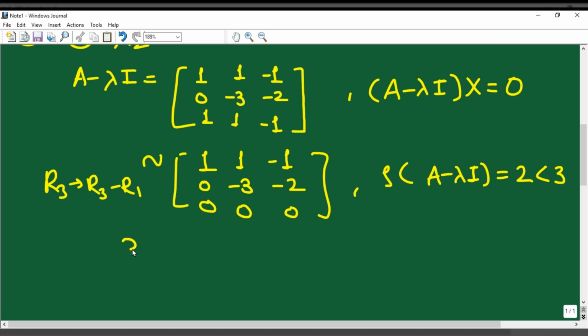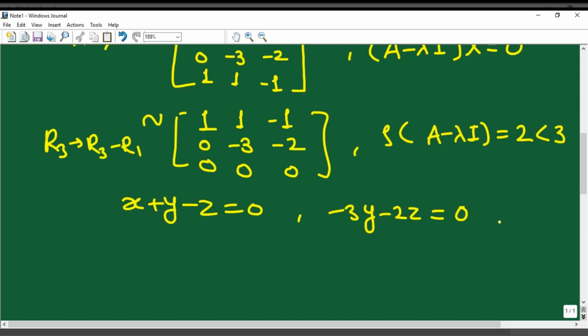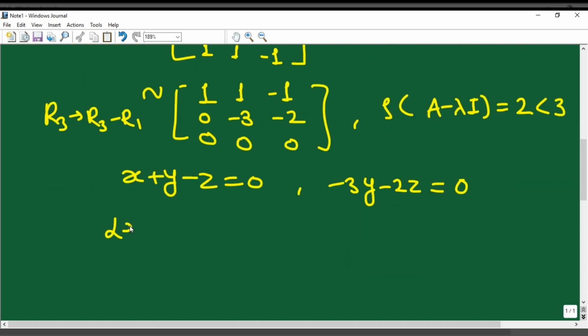If I write the new system, x plus y minus z equal to 0, and the second equation is minus 3y minus 2z equal to 0. Let us assume that z is the free variable as per our previous convention. z is equal to t, so that y is equal to minus 2t upon 3.